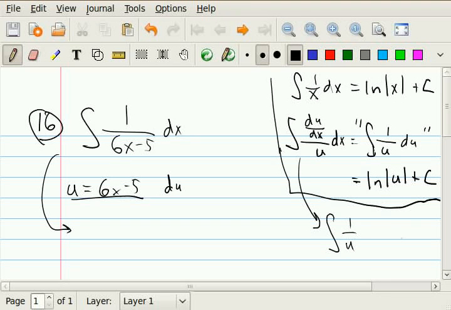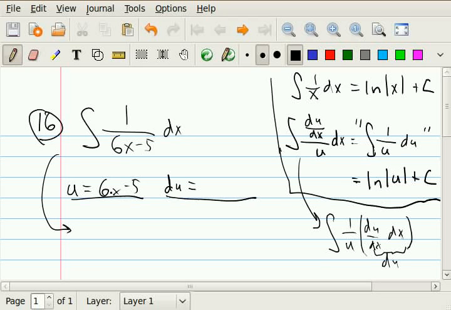I can take that du dx and move it out as a factor by itself, times dx, and of course that's what we always call du. And that's what I have over here. So in other words, what I need to do is compute du and make that replacement. So I just get 1 over u du inside the integral sign.